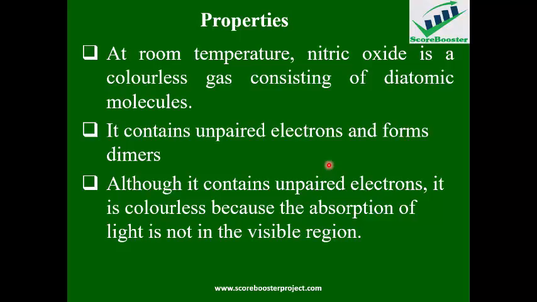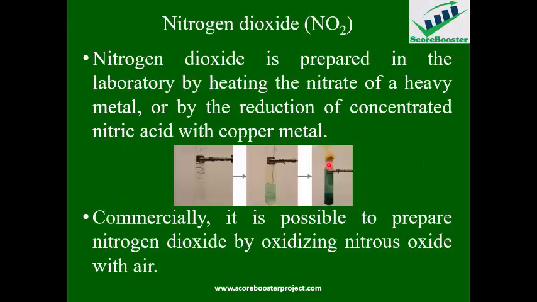But in this case, despite that it contains an unpaired electron, it is not colored, simply because the absorption of light is not in the visible region. If it were in the visible region, we would have seen it colored, green, black, or brown. But in this case it is not in the visible region, so we saw it as a colorless gas.